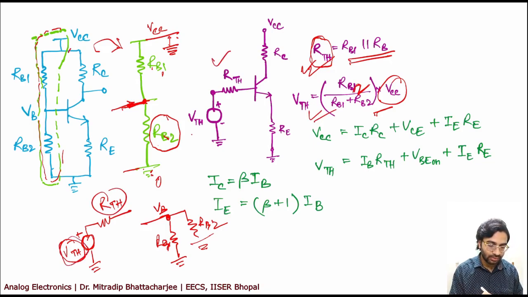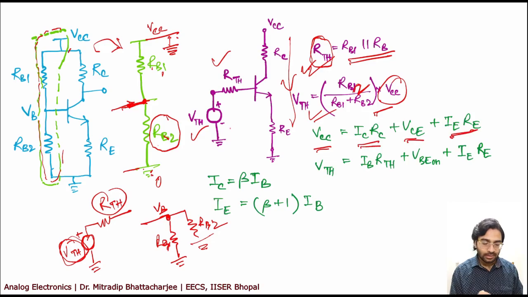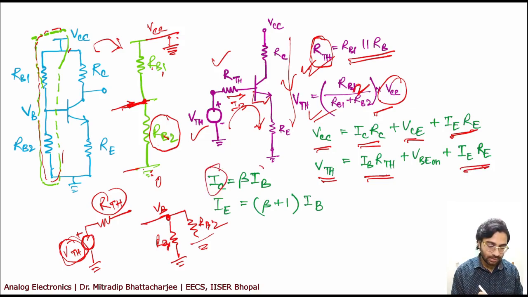So you have RTH here, you have VTH here, you connected the circuit. Now it is again simple. Take this path, apply KVL, VCC equal to ICRC plus VC plus IERE. Then you have this path, you have VTH is equal to IB, current through this, consider this as IB into RTH, then VBE, it is known, and then IE into RE. Then you have current equations like IC equal to beta IB, IE equal to beta plus 1 IB.